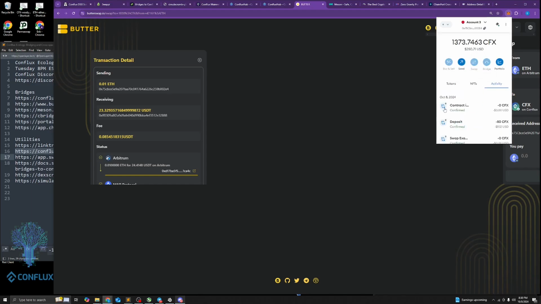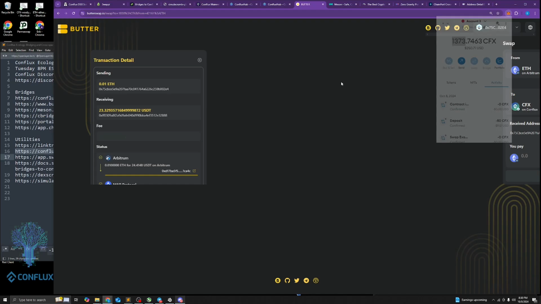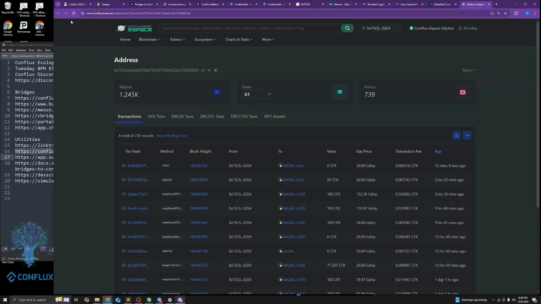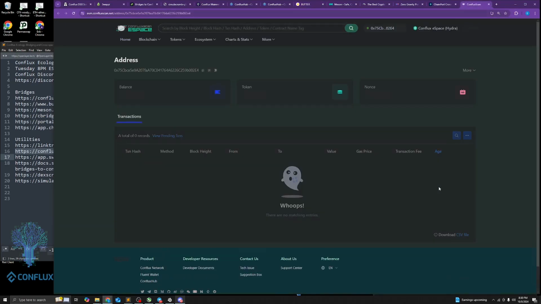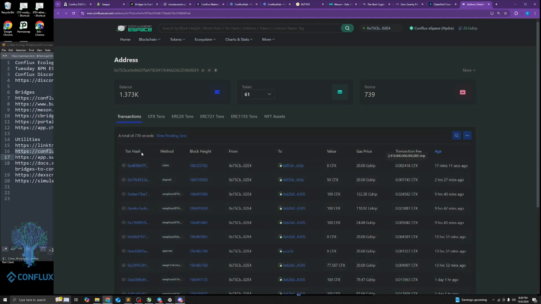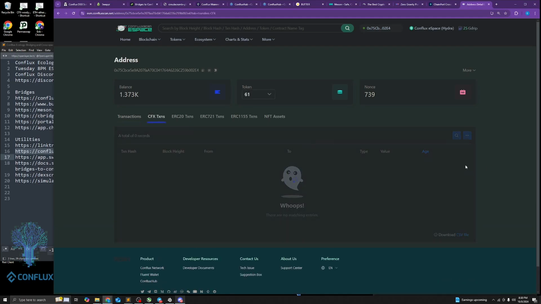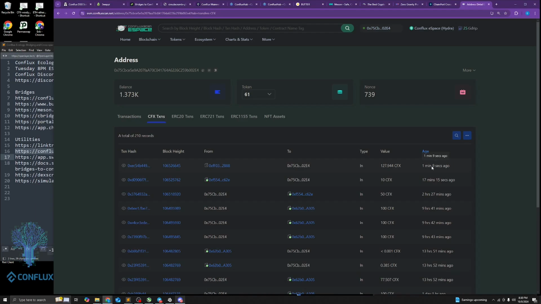MetaMask has also changed a bit lately. Oh, boom. Yeah, see now I have 1300. I had something like 1200 before. So call that bridge confirmed. You can see it here. CFX. Yeah, 1 minute ago. Yep, we got our CFX.